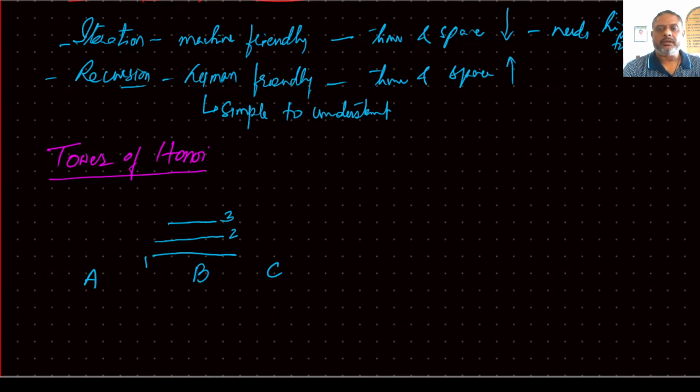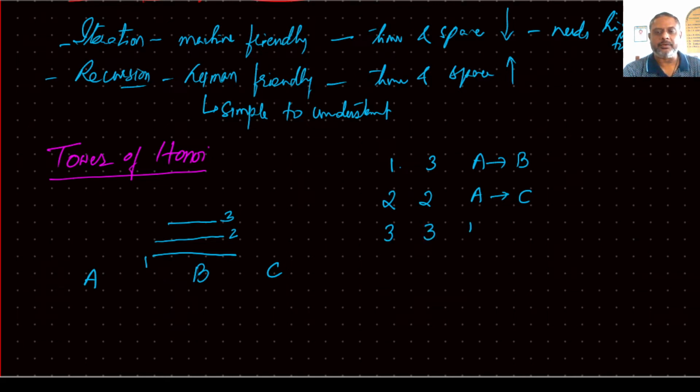Can we recall what we have done? First step was what? 3. Yeah, 3 was shifted from A to B. Second step, 2 was shifted from A to C. Third step, what?